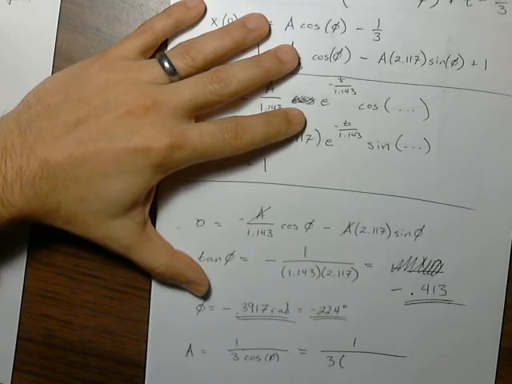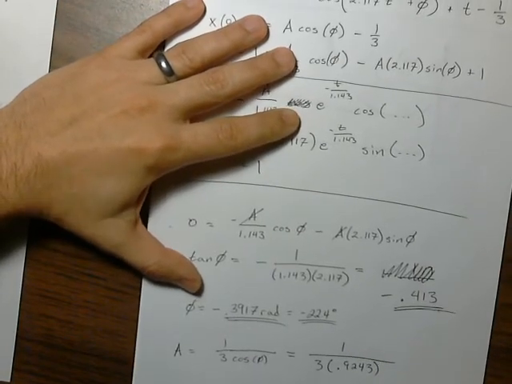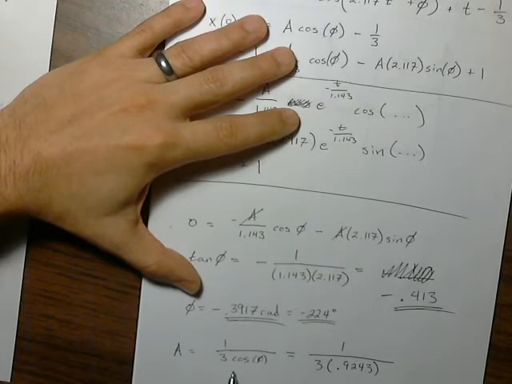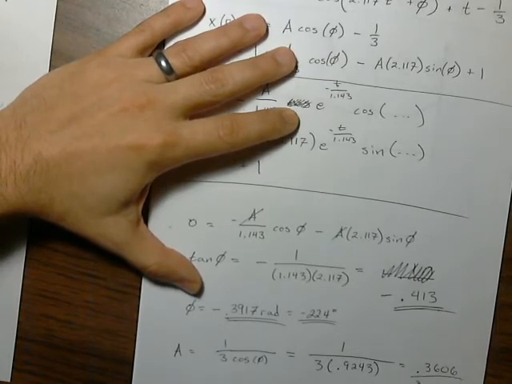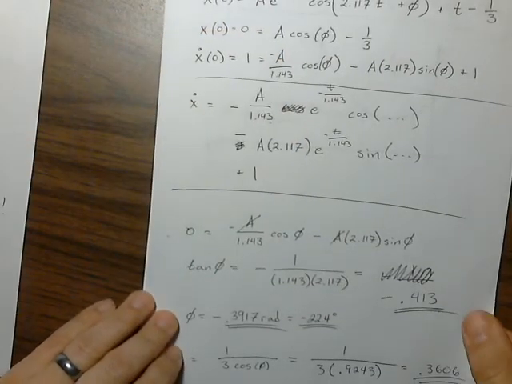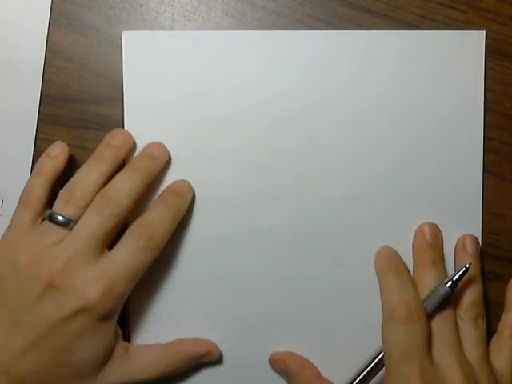I'm just going to substitute my value so you can see what I'm doing. I got 0.924, again, crazy numbers of sig figs. That's what I got for my cosine. And then my final answer for A, for the amplitude of this response, is 0.36. Again, let's get some extra sig figs in there just for safety. There we go, 0.3606.